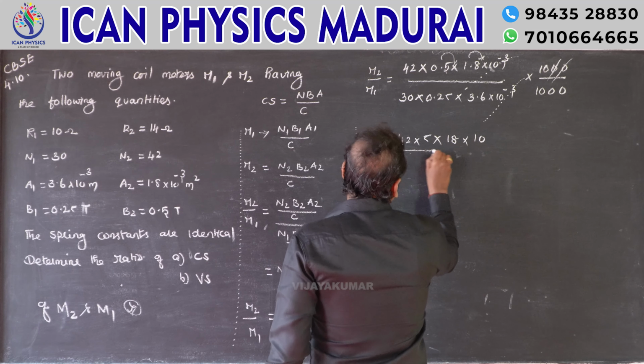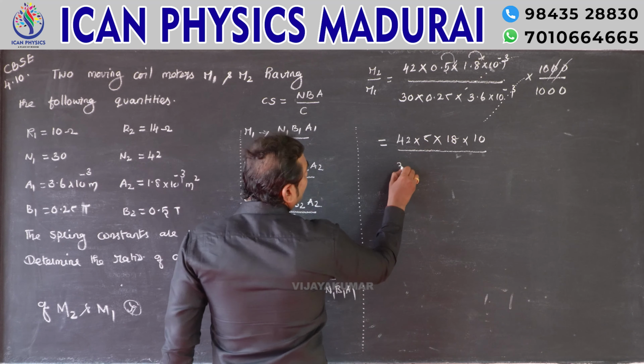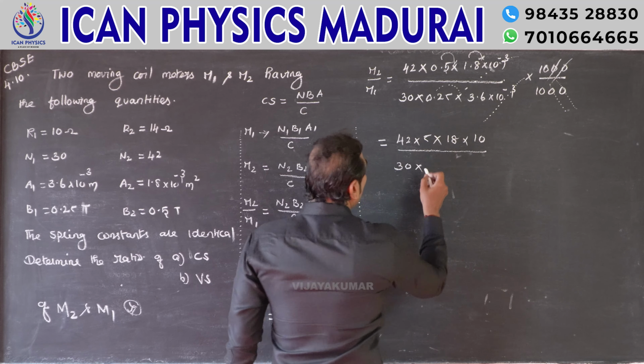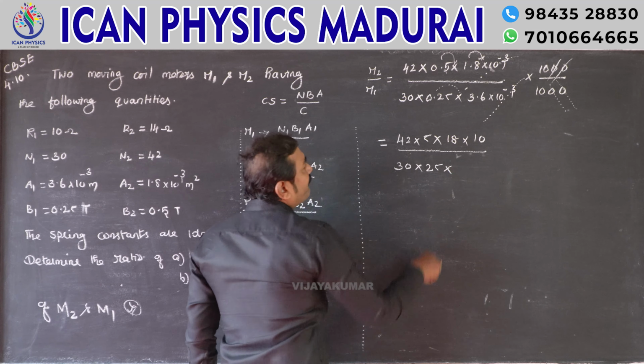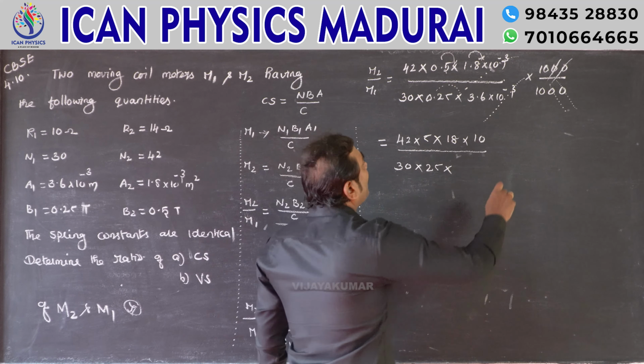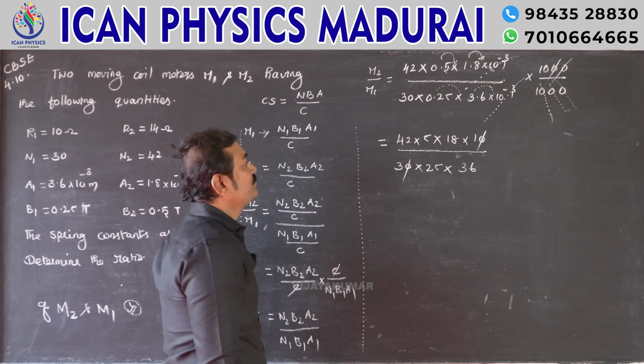In the denominator, 10 divided by 30, 0.25 becomes 25, and 3.6 becomes 36. First we can cancel the 0s.